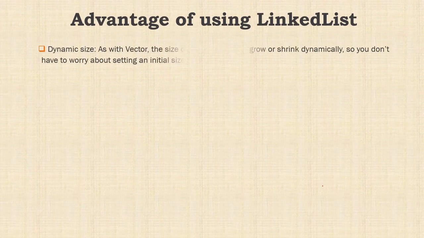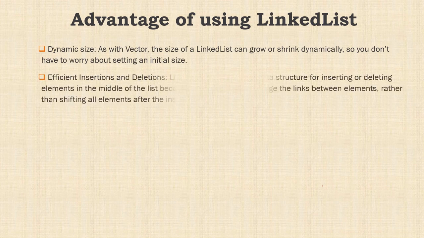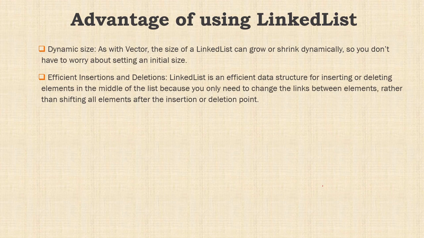An advantage of using linked list is dynamic size. As with vector, the size of linked list can grow or shrink dynamically. So we don't have to worry about setting an initial size, it will grow dynamically, like vector. Efficient insertion and deletion, just now we have seen, is an advantage. If you want to insert or delete from the middle of your collection, then it will be better to use linked list.